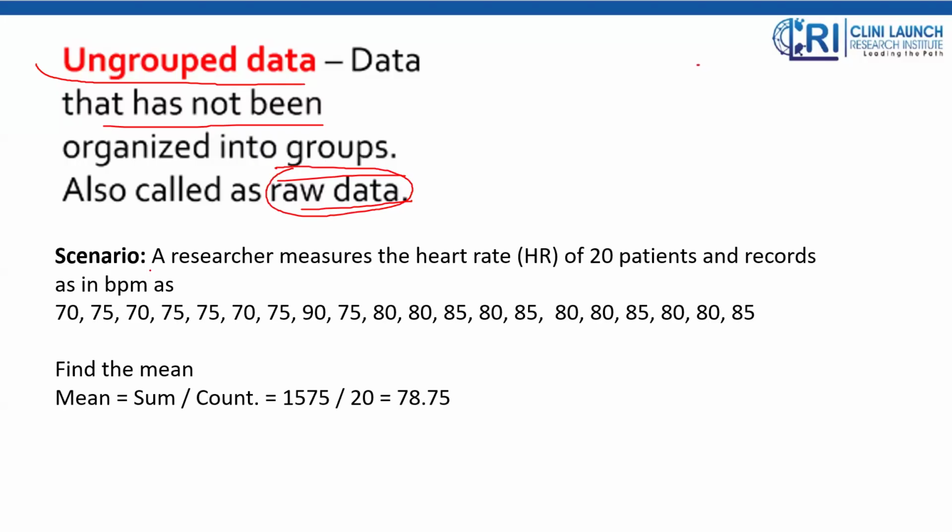For example, a researcher measures the heart rate of 20 patients and records it in beats per minute like this. So for 20 people, this is 70 beats, 75 beats, 70 beats, like this. The person is trying to calculate the mean. He got the mean like this. I'll tell you how to calculate later.